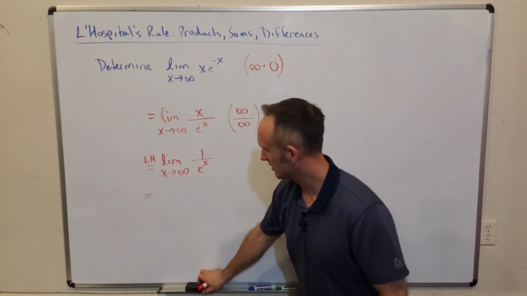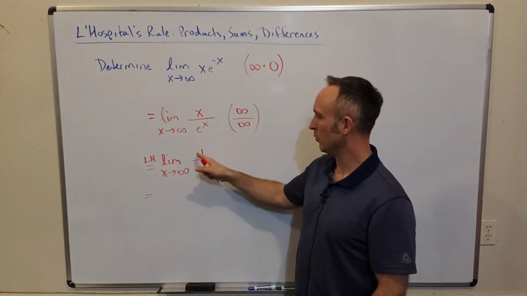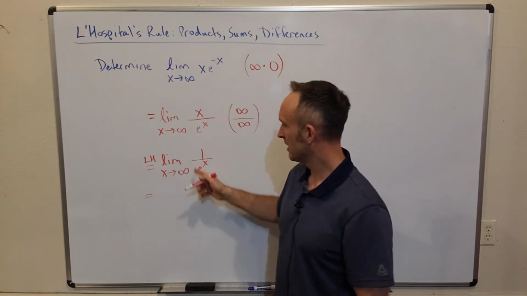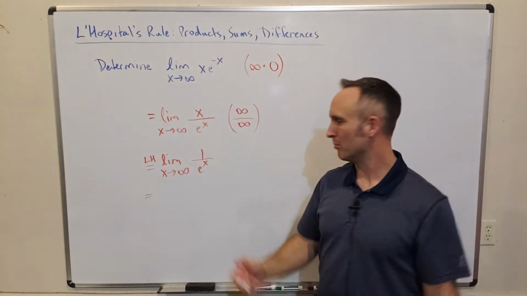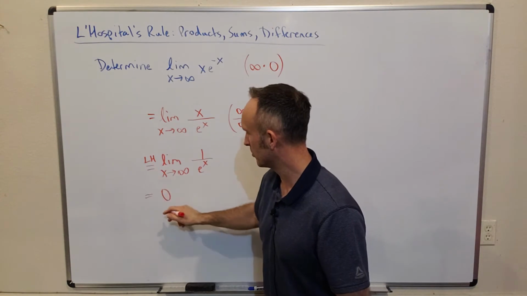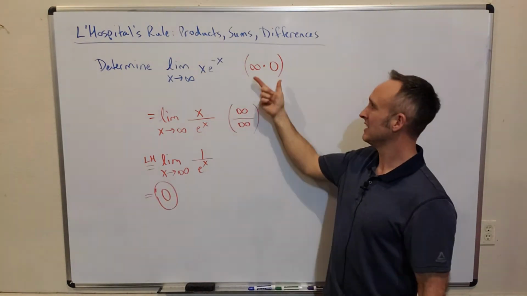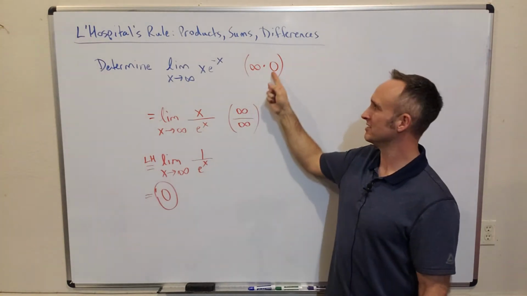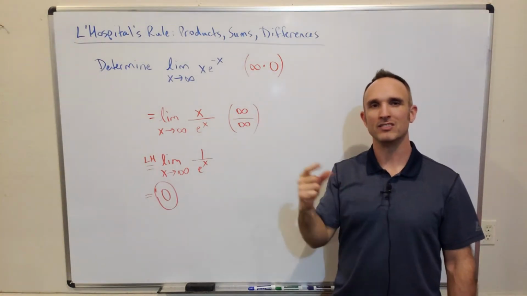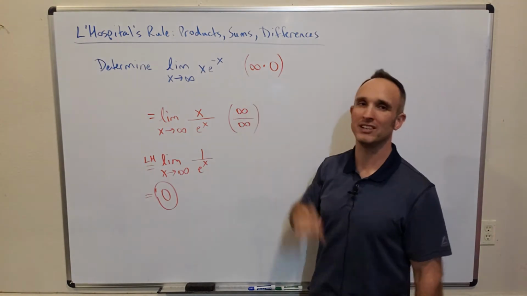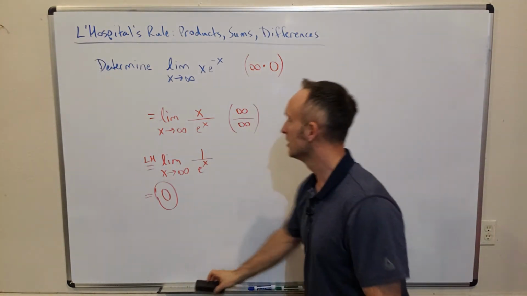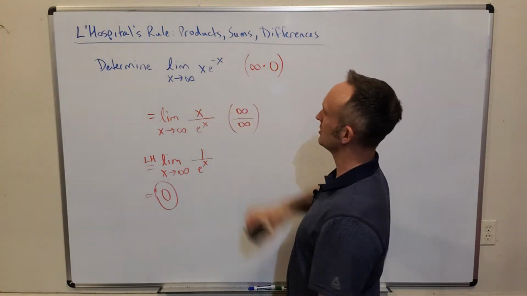That's bad practice maybe. We get 1 divided by infinity, and 1 divided by a massive number is 0. It approaches 0. So this limit is 0. So in fact, in this indeterminate product, the 0 wins out over the infinity. The 0 is shrinking faster than the infinity is growing. Okay? So that's an interesting example. Turn the product into a quotient.